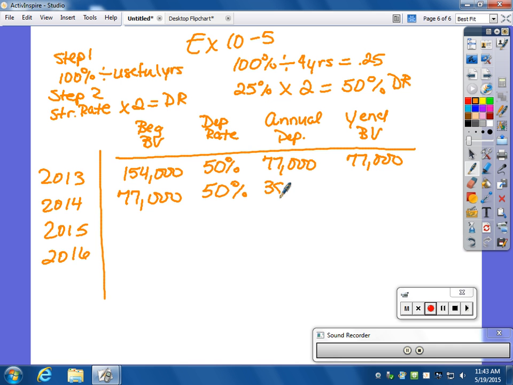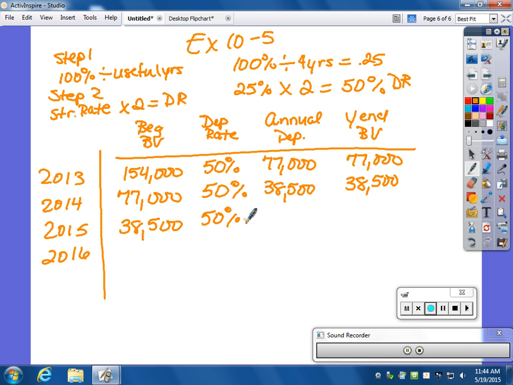New book value, 38,500. You're getting it now. It all makes sense. So that's the new book value for 2015. 50% double rate. What's the annual depreciation?